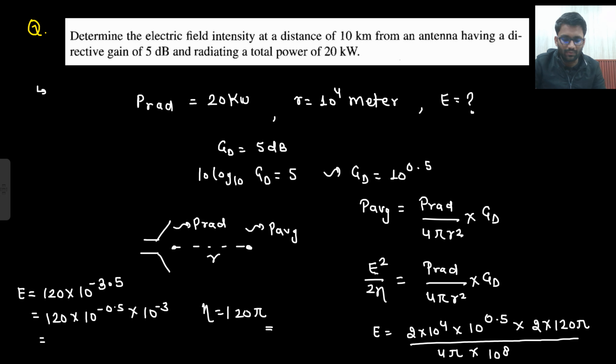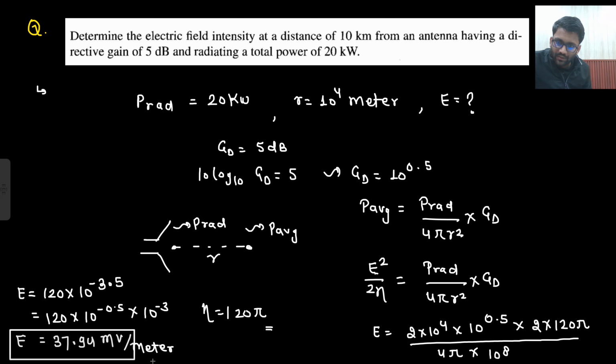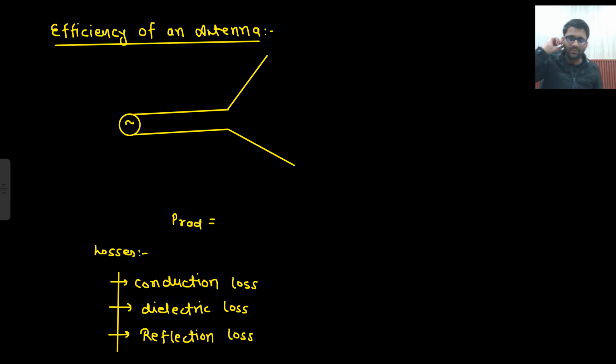So 37.94 millivolt per meter. This is the value of the E field. Okay, 37.94 millivolt per meter. So this was an easy question, right? Let's go to the next one.